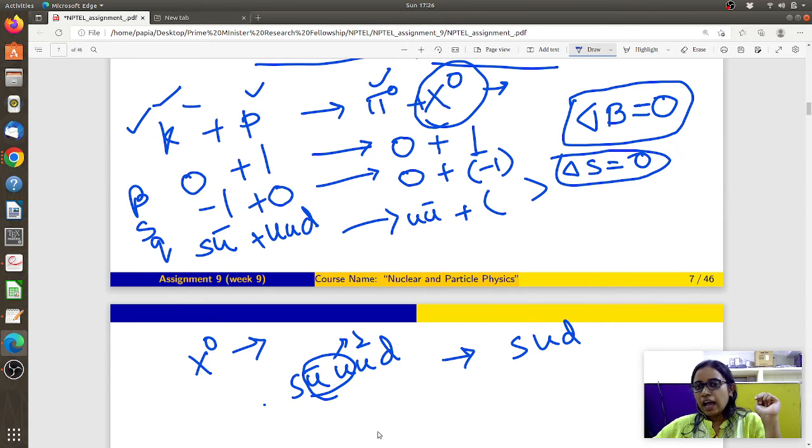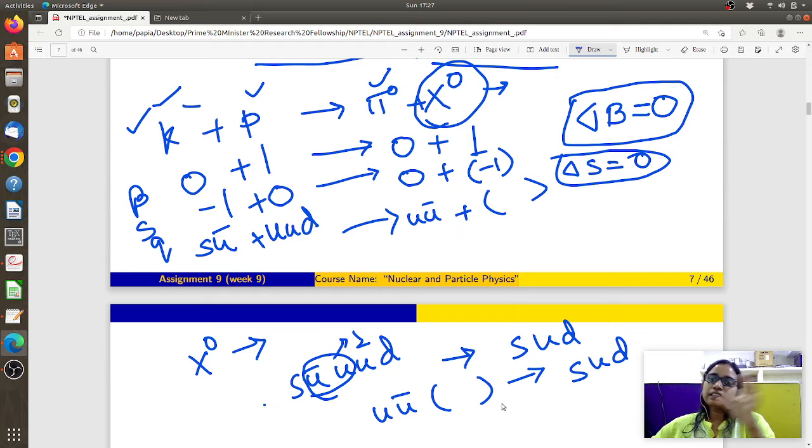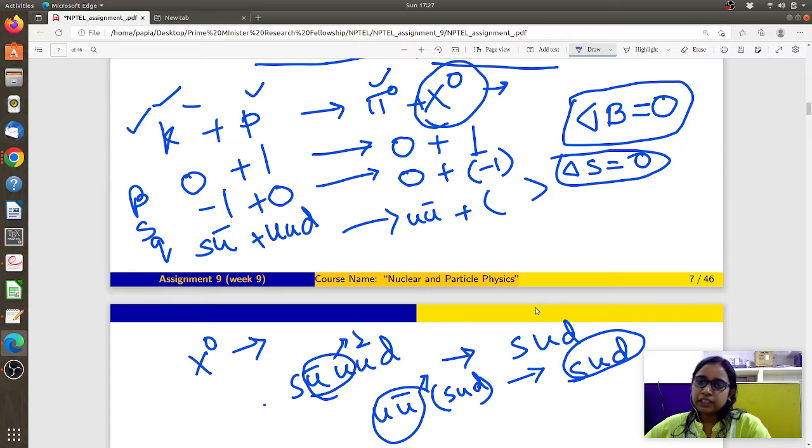On the right side, u bar is there, and this blank as well as u bar should be s u d, otherwise the quark content will not be conserved, right? So in that bracket will be s u d, because u bar will give one value. So the quark content of X0 will be s u d.